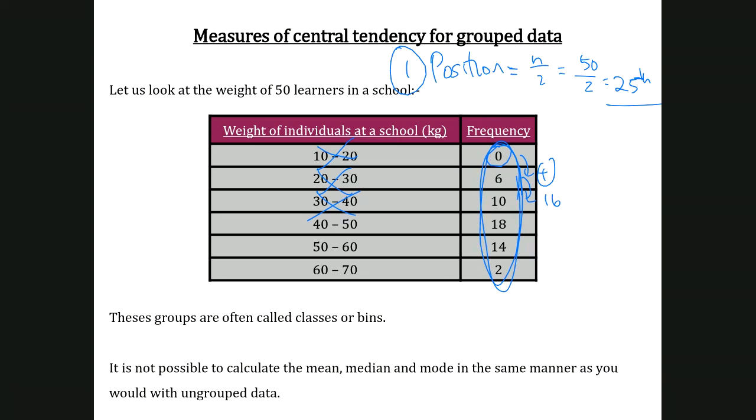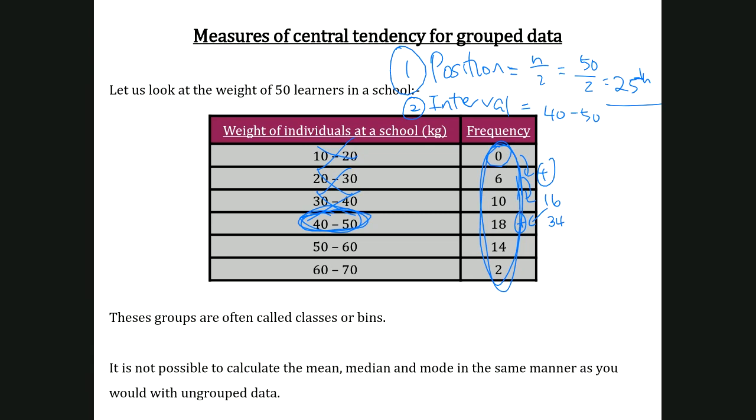Then when we say 16 plus the 18, that gives us 34 values so far. Now this means that when we added on the next frequency, this is where we found our 25th value. So our interval that we've chosen, and this is our median interval, is 40 till 50.